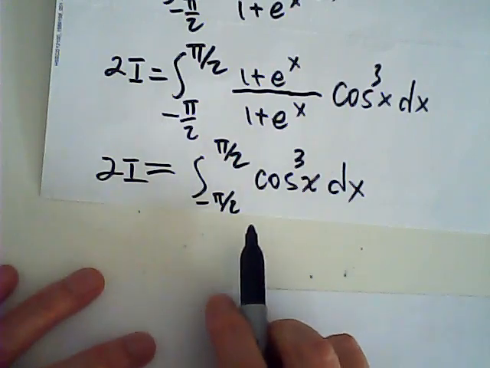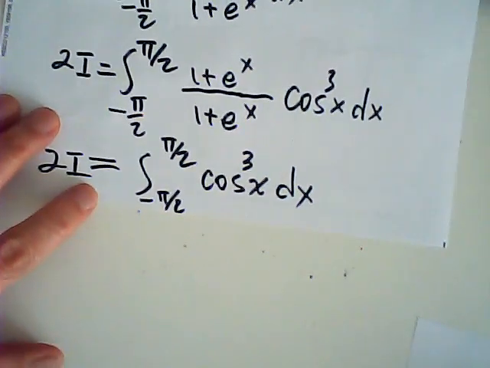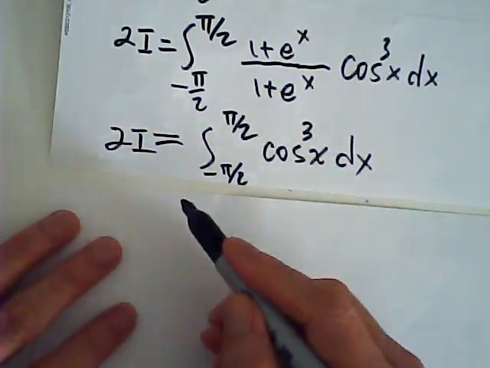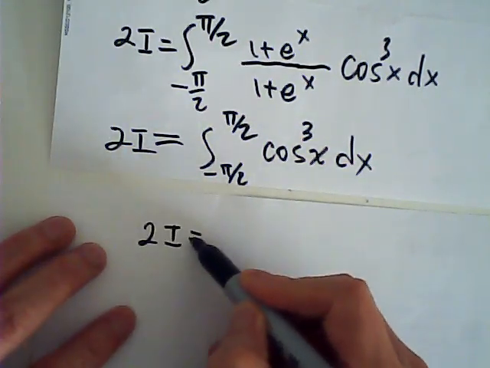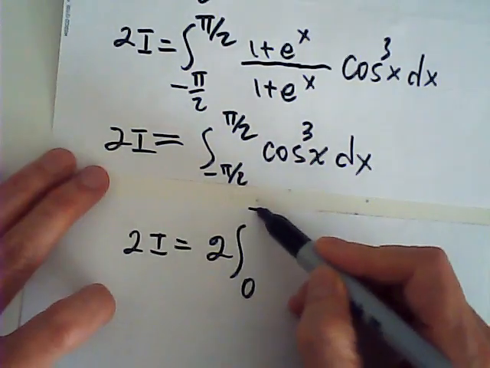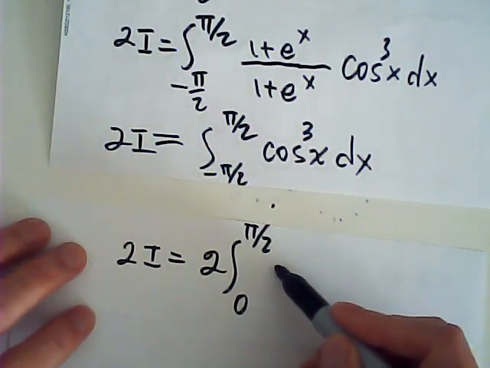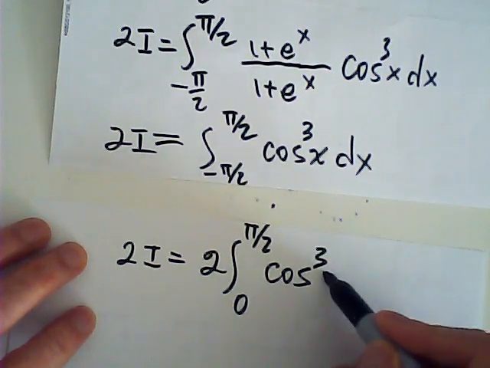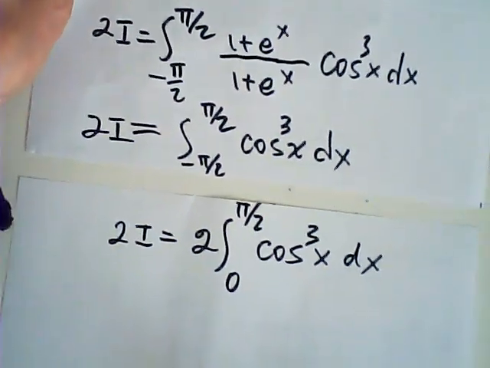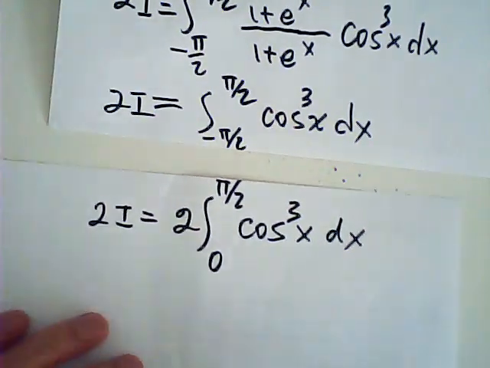Since cosine is an even function, therefore 2I is equal to twice the integral from 0 to half pi of cosine cubic x dx. Okay.